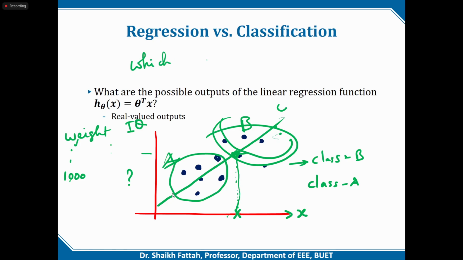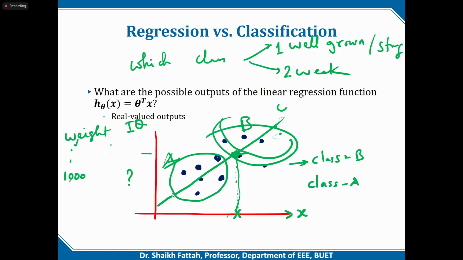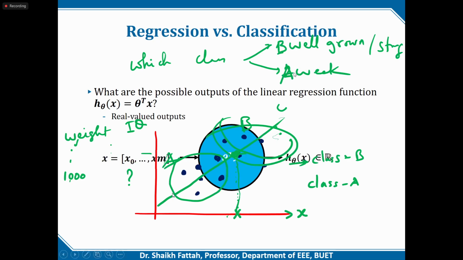For example, is it a baby well grown and strong, or a baby that is very weak and lean and thin? So is it class 1 or class 2? Or I can say, is it class A or class B? This is my question.